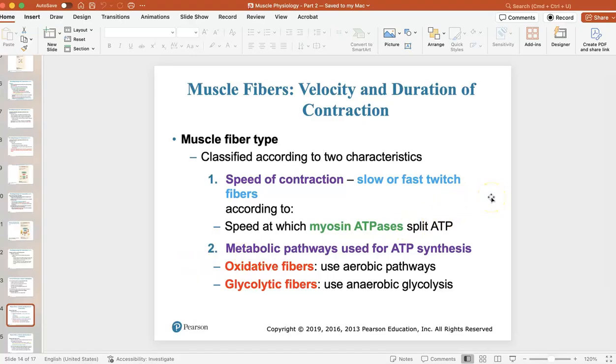All right, so muscle fibers. Generally, we all have the same type of muscle fibers. Let me rephrase that. As human beings, whether you are male or female, okay, across the globe, we all have the same types of muscle fibers.